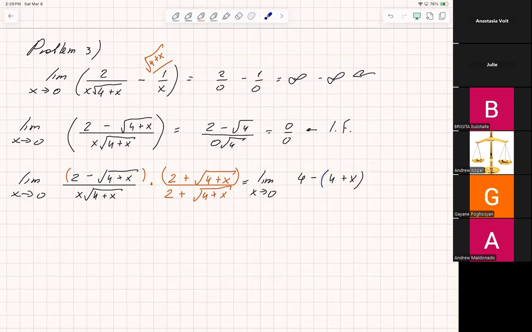If you cancel your square root and square right away, put the parentheses, because if you don't put parentheses, this positive stays positive, right? But it's not positive, it's negative, because this negative will be distributed to the positive x to make it negative x, right?